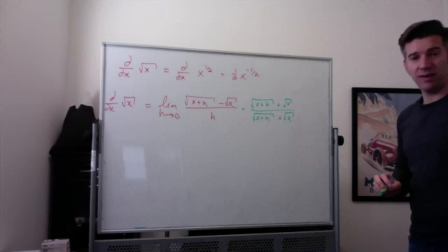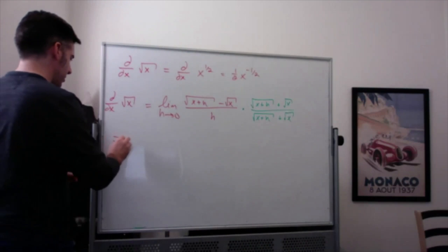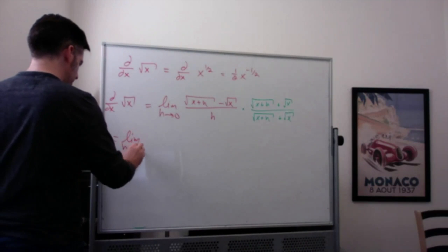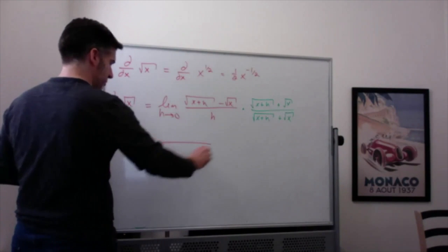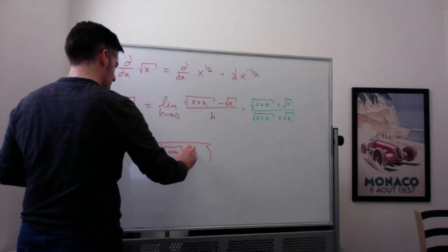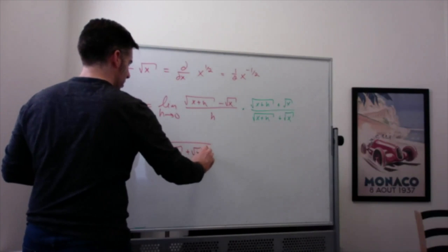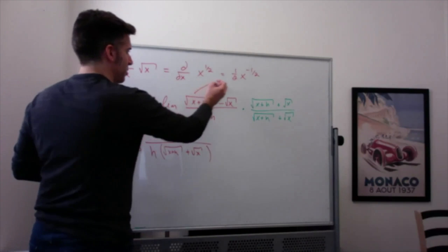And so then when I multiply that out, I end up with a limit as h goes to 0. The denominator is just h times that stuff, the square root of x plus h plus the square root of x. The numerator, well, there's a reason we multiply by the conjugate, because you get the first thing squared.